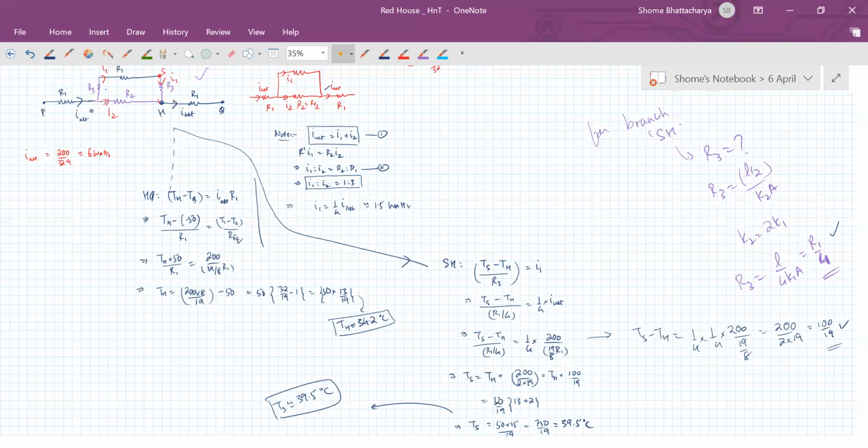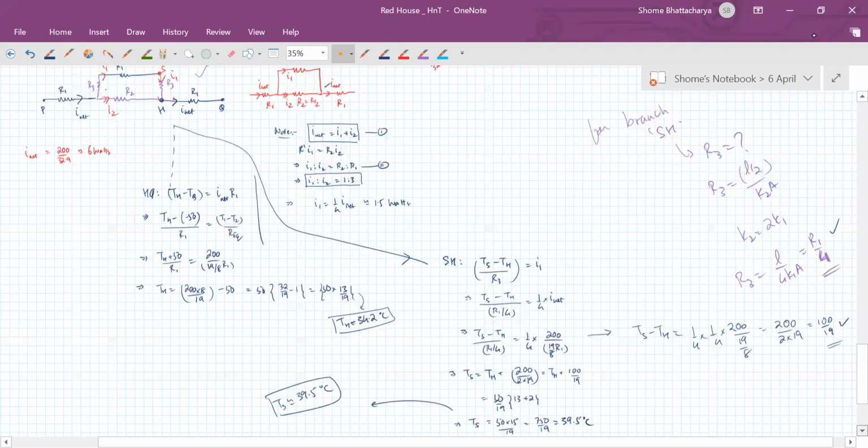At rest, we have applied the equivalent of Ohm's law, that delta V upon resistance is equal to current. So instead of delta V, we have temperature difference divided by thermal resistance is equal to heat current. Okay, so hope this question is done, right? We'll move ahead now.